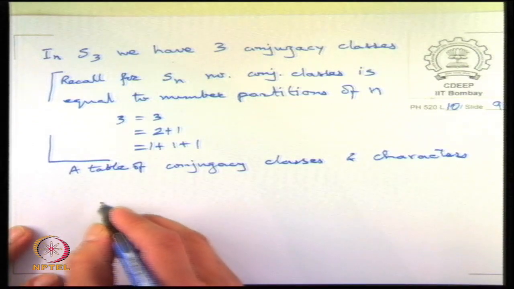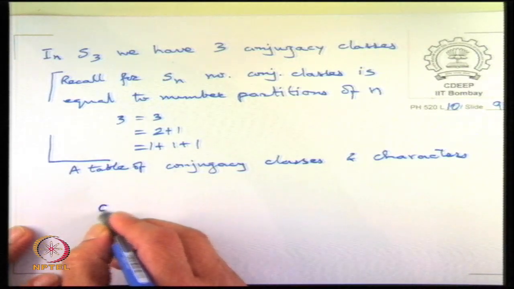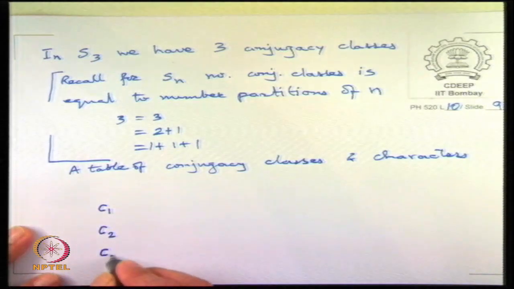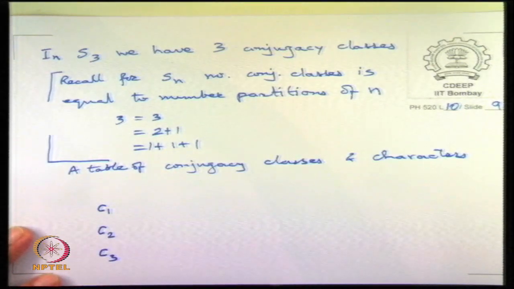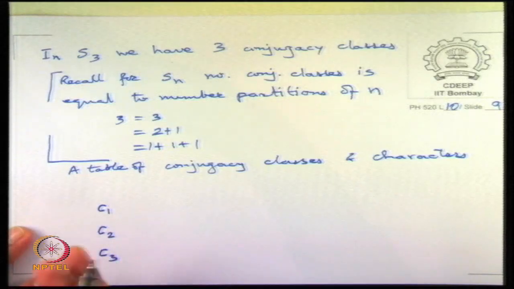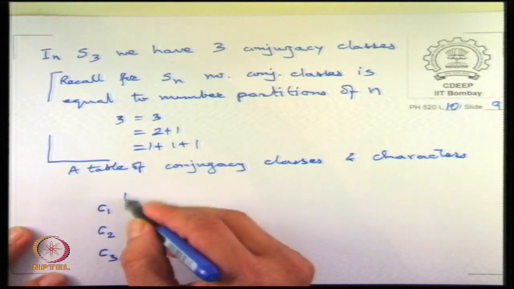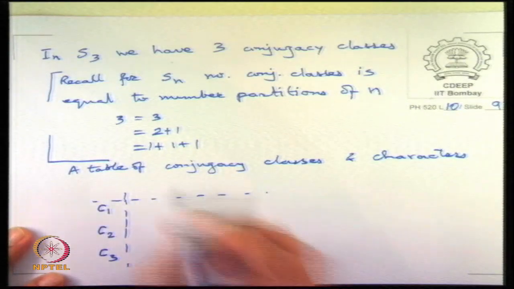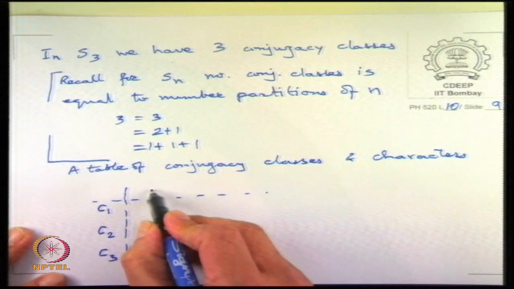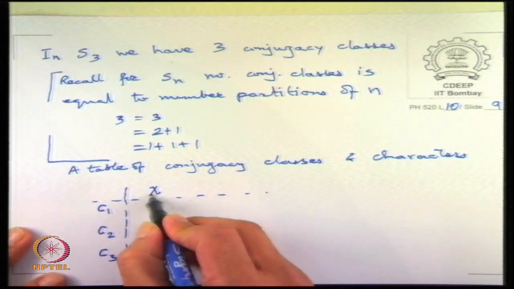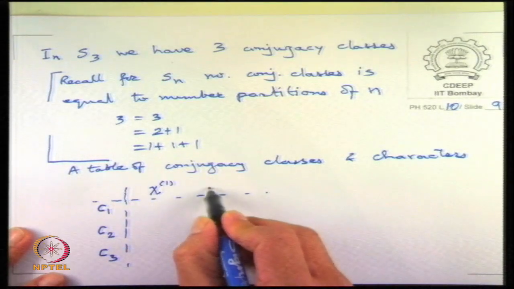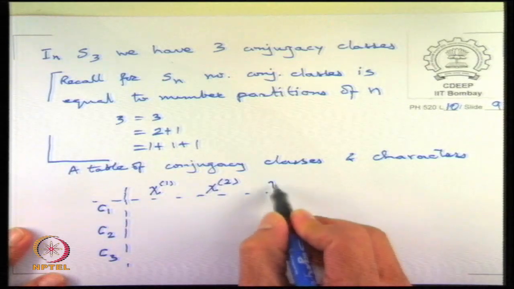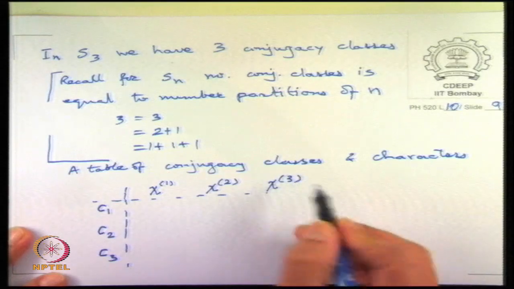So in the vertical column we write C1, C2 and C3, and so in other words we label the rows by the character class or the conjugacy class, and here we write the character of the corresponding representation. So chi of representation 1, chi in representation 2, chi in representation 3.